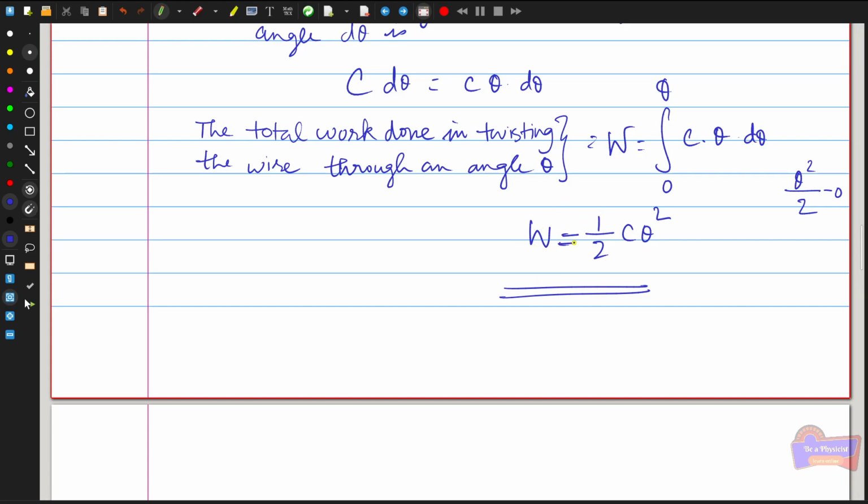This is a potential energy. We already know in mechanics that the kinetic energy is half m v squared. That means if we are applying a linear push in the system, then the energy stored in the body is half m v squared.